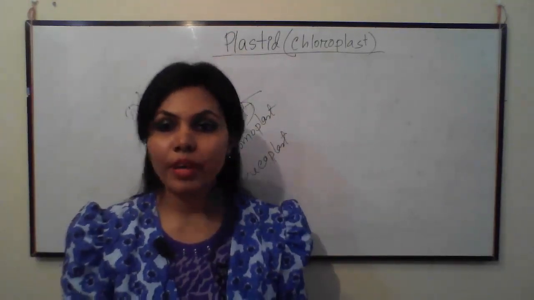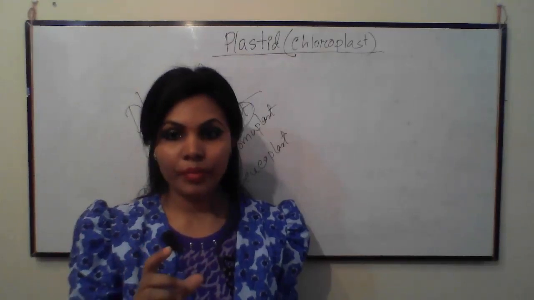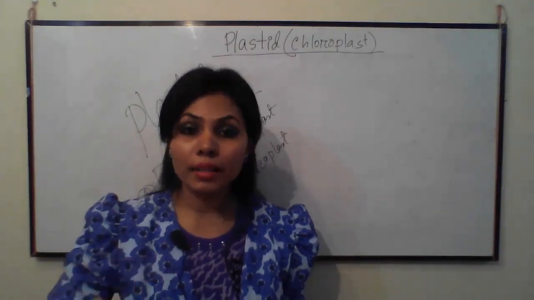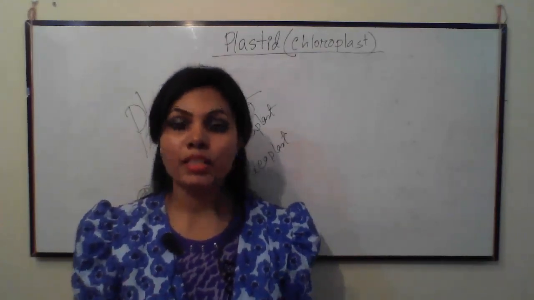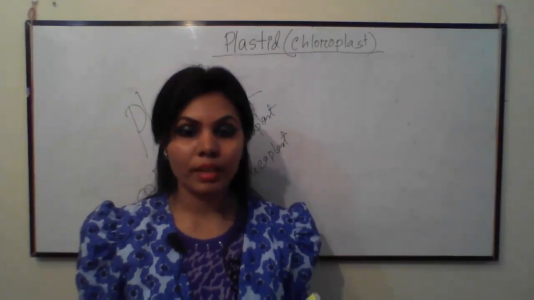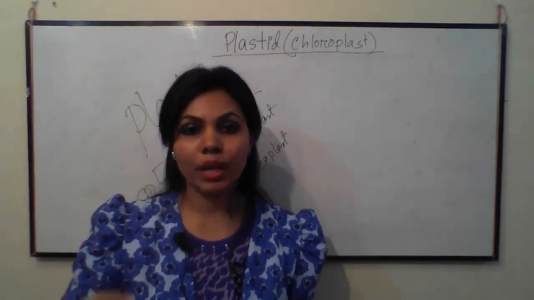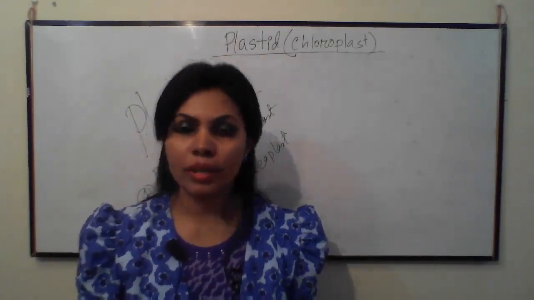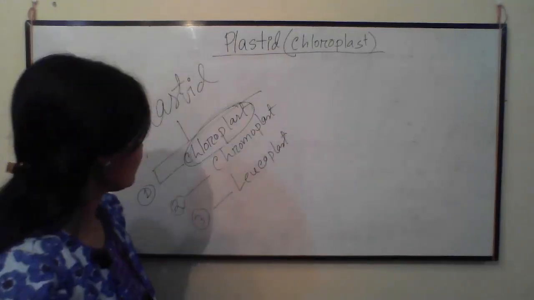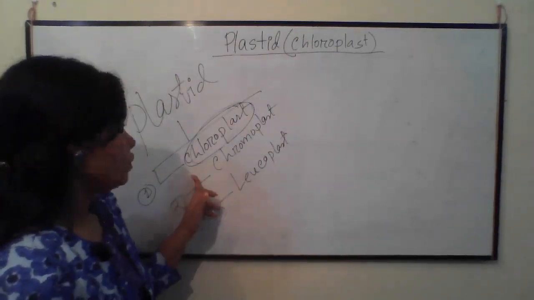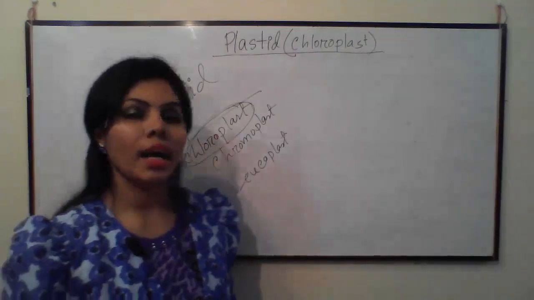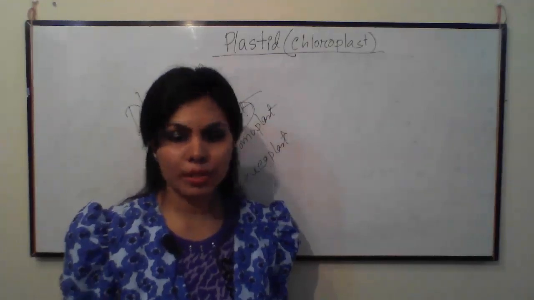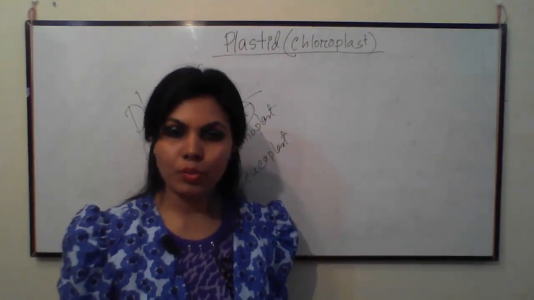It is a very important plastid among the others because chloroplast is directly involved in photosynthesis. That's why it has much more significance. Usually in a cell, maybe 20 to 50 chloroplasts are found.